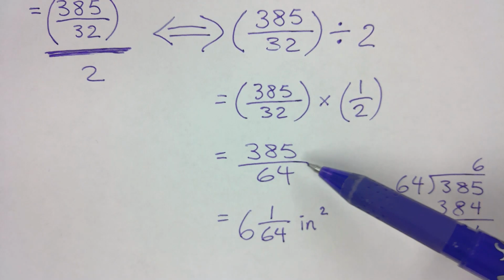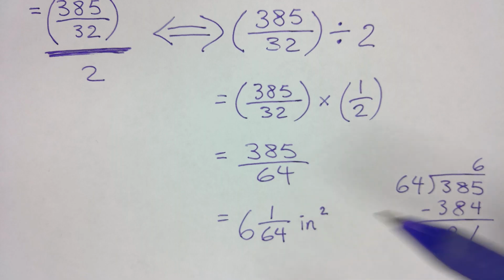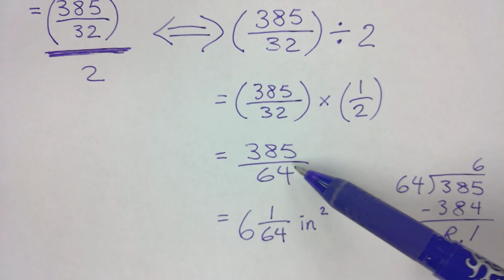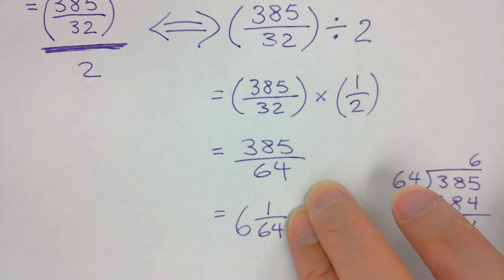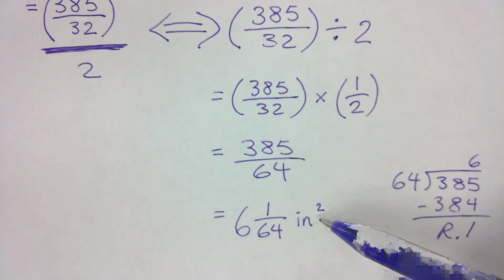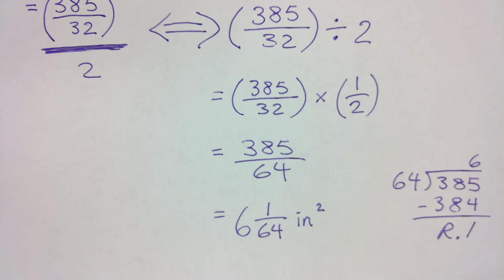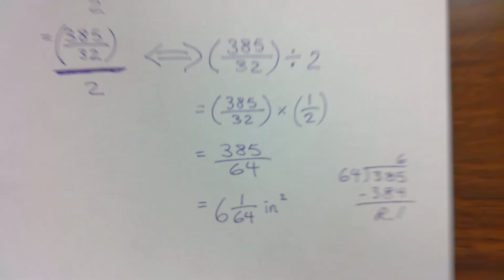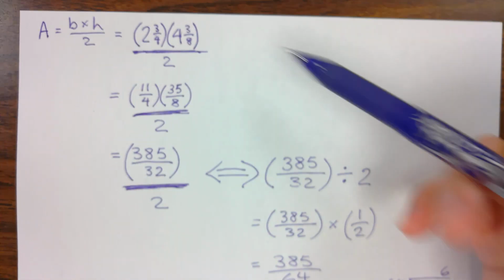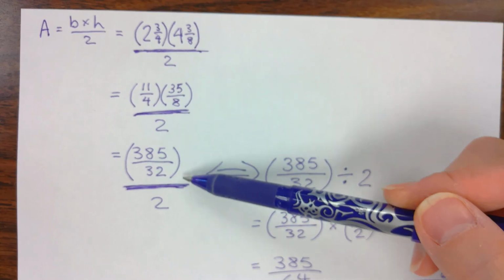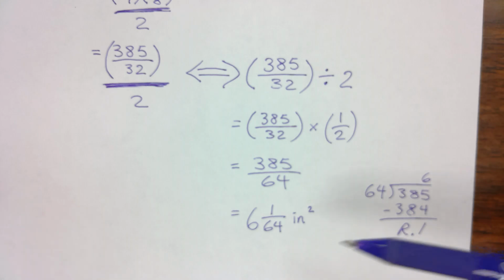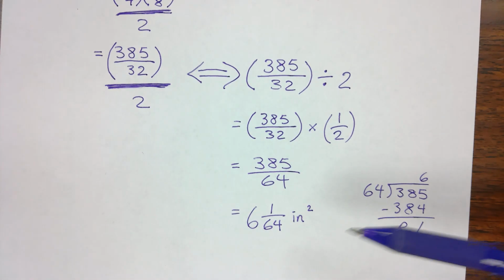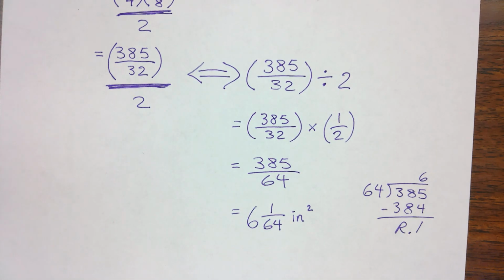If this was your final answer, you would have lost a mark for not changing it back to a mixed number. And if this is your final answer, you would have lost half a mark for not writing the unit. A question like this, you did all the hard work, all the calculations, but at the end, if you forget to put it back in the right form and with the right unit, you lose 1.5 marks. That's not good. Those should be easy marks to get.